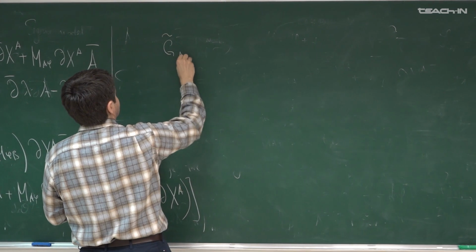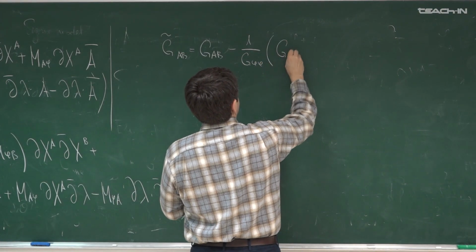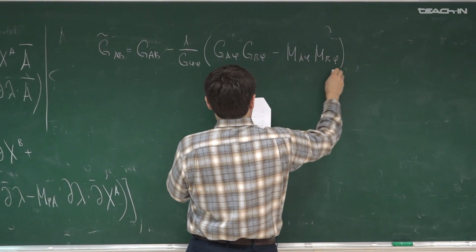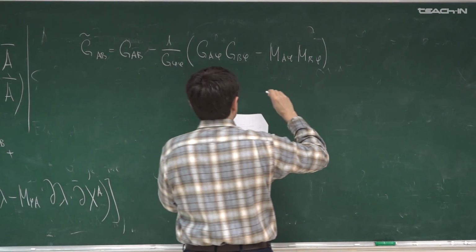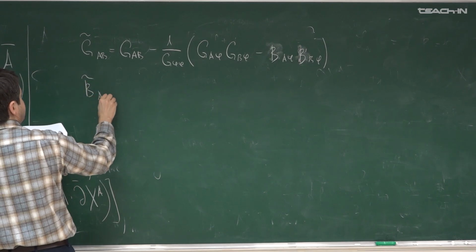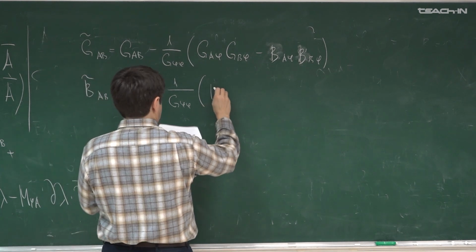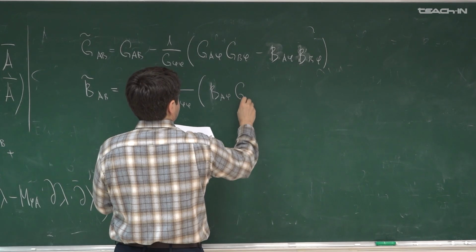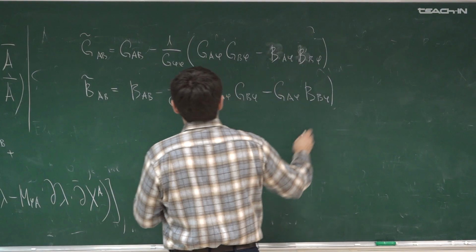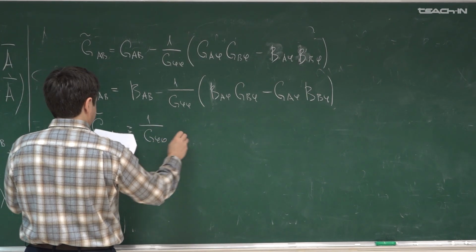This means that the new metric is the old metric minus the following combination, G_A phi G_B phi minus M_A phi M_B phi, over G phi phi. And B tilde_AB is B_AB plus B_A phi G_B phi minus G_A phi B_B phi, over G phi phi. And G tilde_A phi is B_A phi over G phi phi.